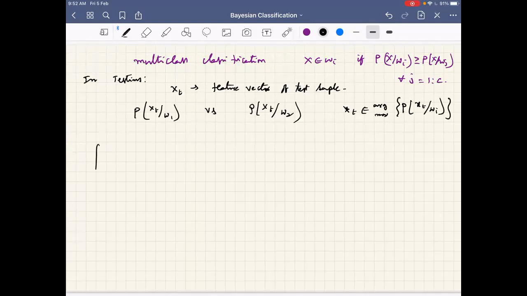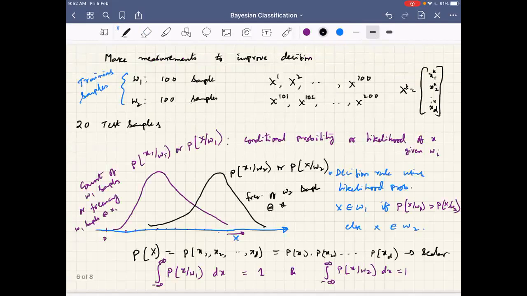Even in one dimension here, say this is the decision boundary, where I roughly see that up to here, P of X given omega 1 is higher, and in this region P of X given omega 2 is higher.